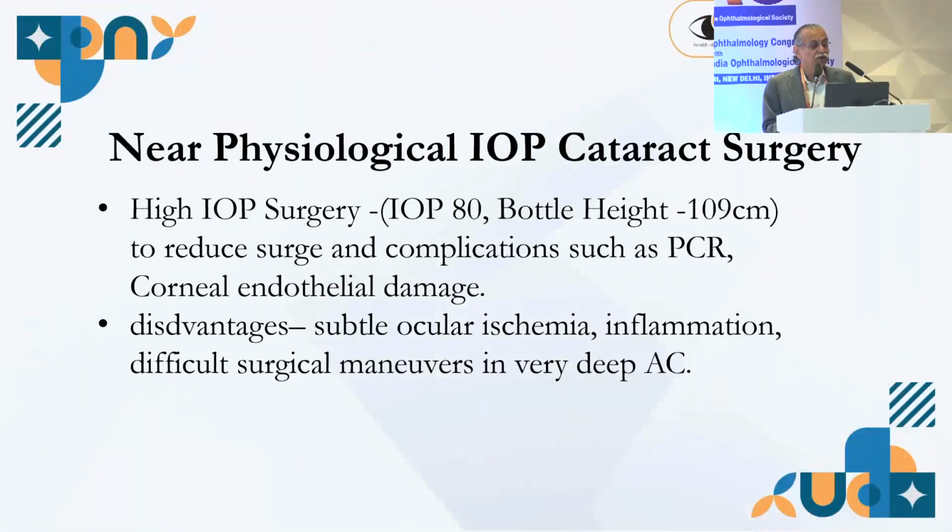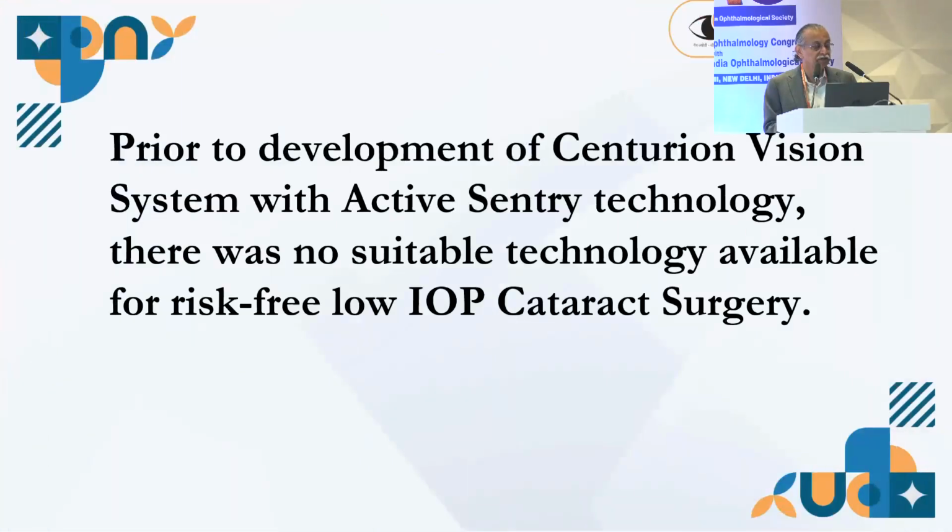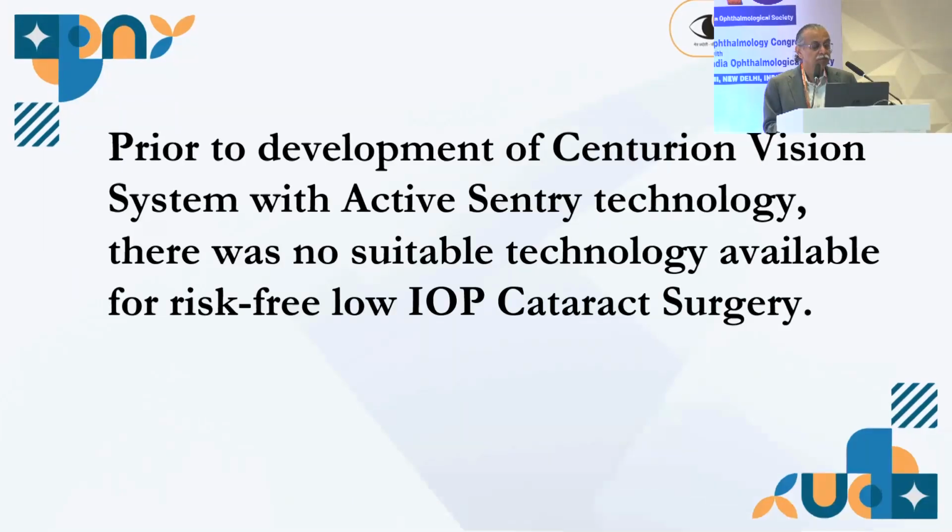Now we have been doing cataract surgery with a high bottle height to reduce surge and complications like PCR and corneal endothelial damage. But that also has its own flip side, that is subtle ocular ischemia, inflammation, difficult surgical maneuvers during deep AC, etc. Prior to development of the Centurion vision system with Active Sentry technology, there was no suitable technology available for risk-free low IOP cataract surgery.